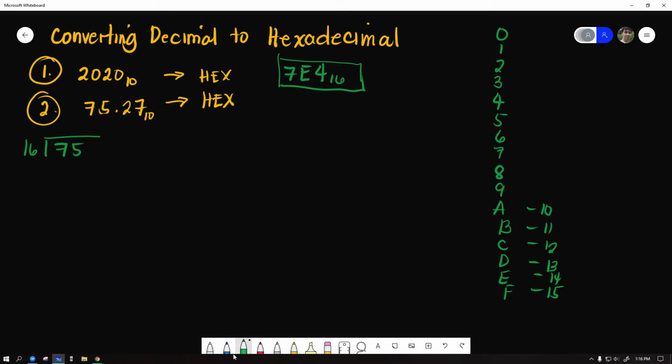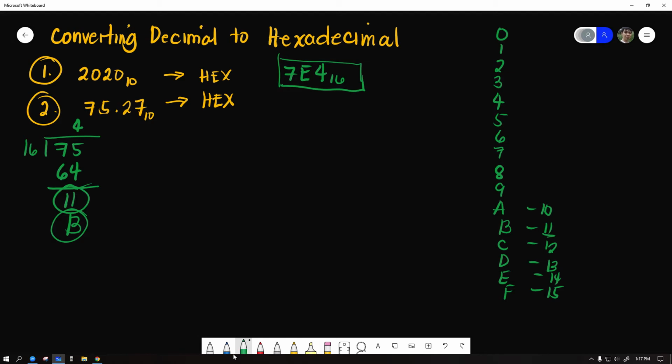You can only get 4, because 4 times 16 is only 64. Then what is the difference? You get 11. The remainder 11 is written as B.